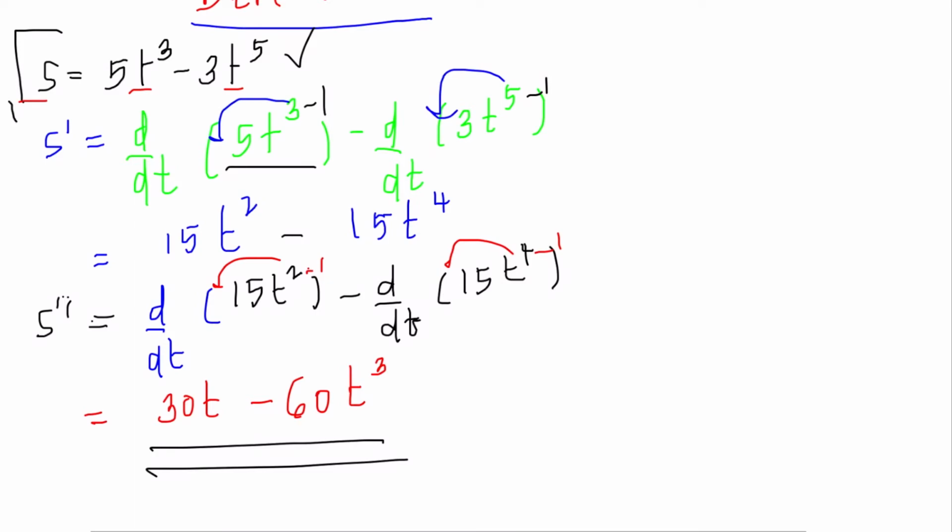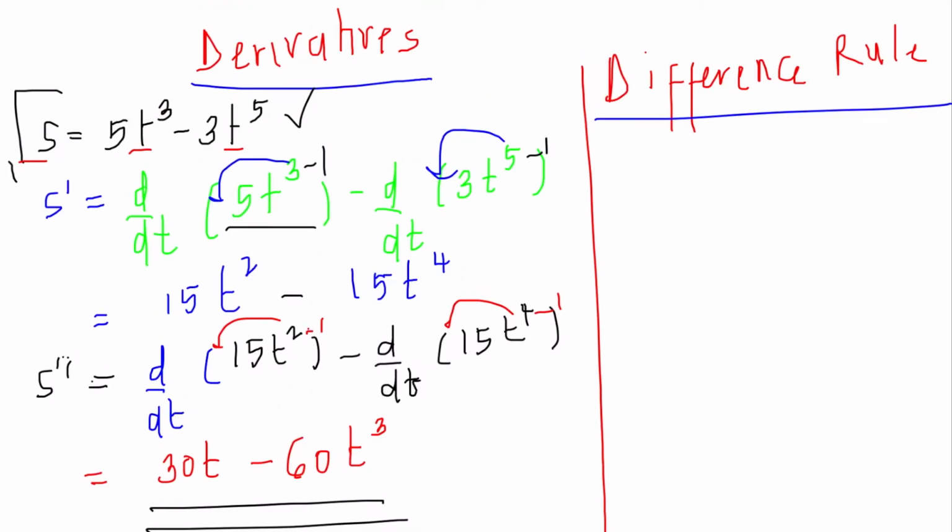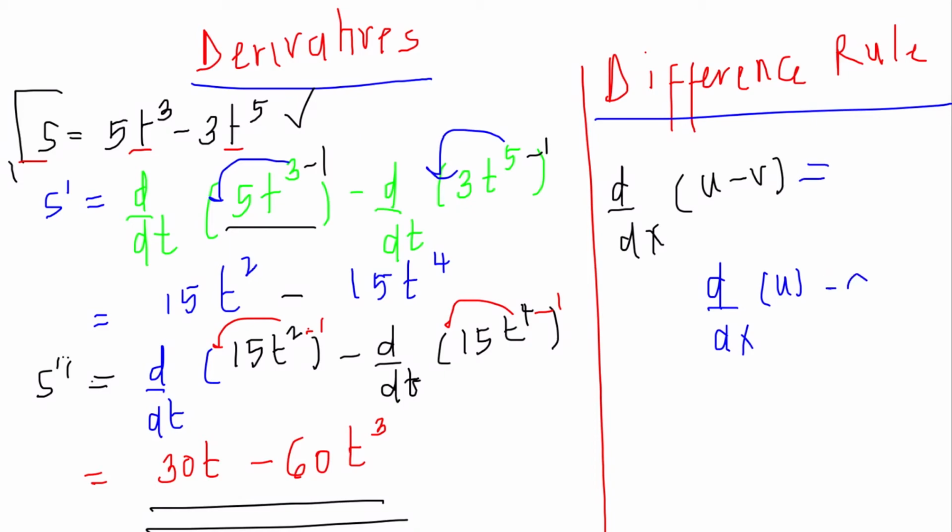Okay, so if I write for you the difference rule here, the difference rule says, suppose you want to find the derivative d over dx of a function u minus function v, just like the one we have here, 5t cubed minus 3t to the power 5. The way to do it is to find d over dx, the first derivative of u, and then you subtract from that the derivative d over dx of v.